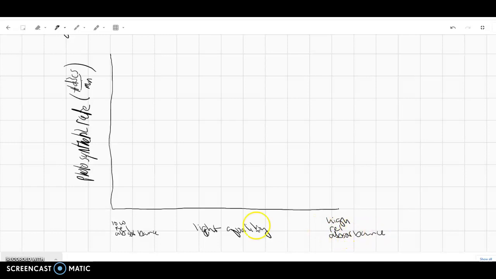And so in that rank, we decided that white light should be the greatest, followed by blue, UV, red, orange, yellow, green, and then no light.